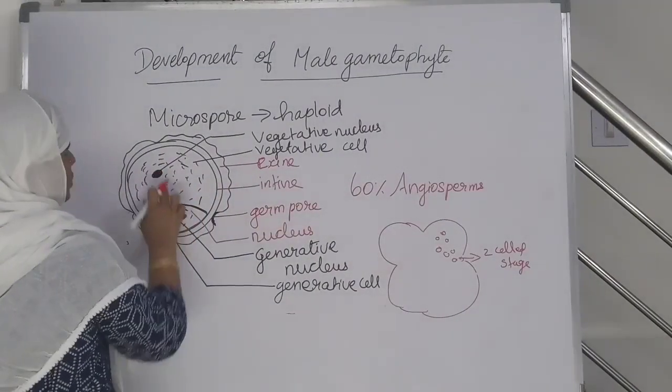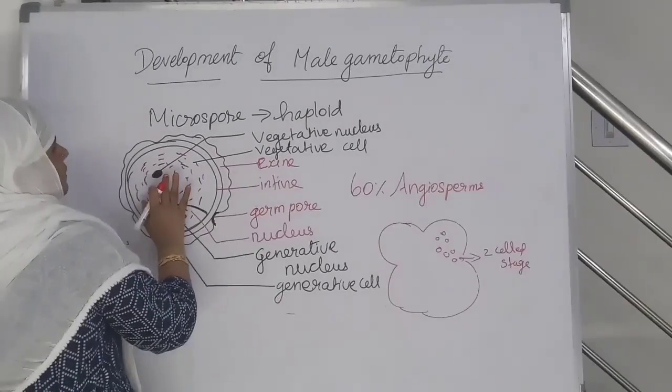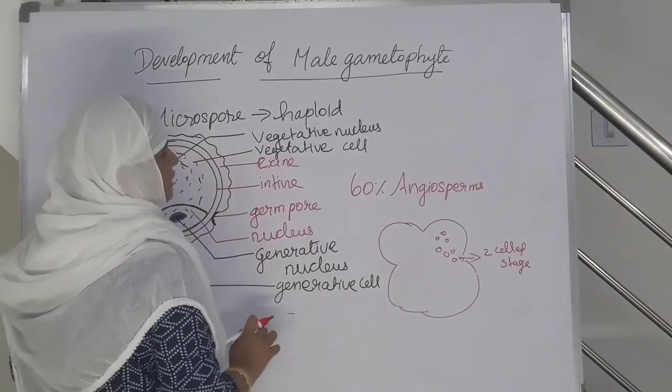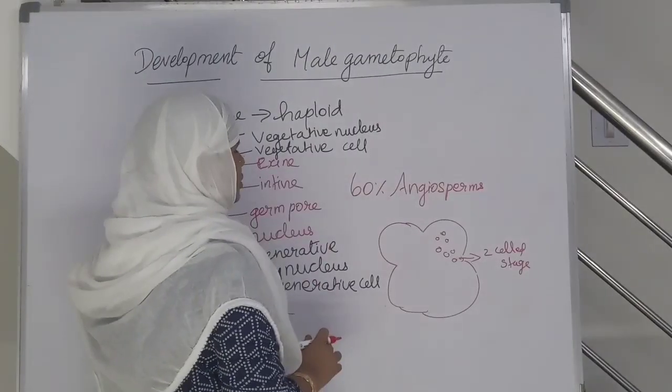Like this, only the two-celled stage. One is the vegetative cell and another one is the generative cell, in 60% of the angiosperms.